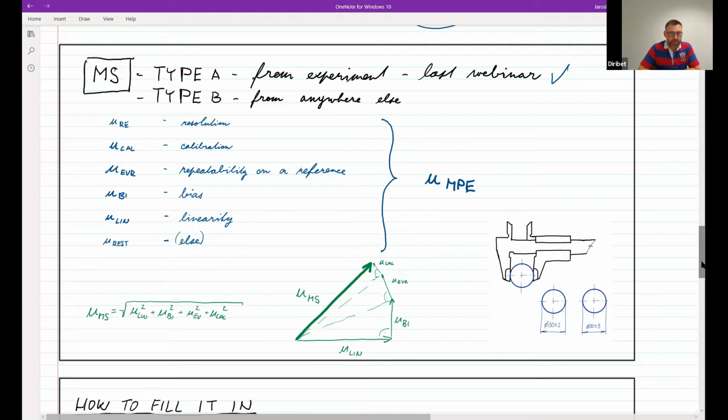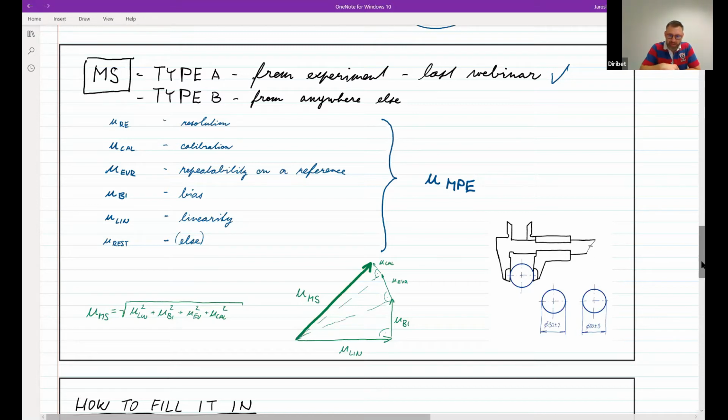All right, there are 5 uncertainties which are being addressed by name, and that is the resolution of the measuring system, the calibration error, that is how bad was the measuring device used to calibrate the one we are having right now, then repeatability on a reference, which in ideal case is a repeatability on a part that is almost perfect, in the sense that the part itself does not contribute to uncertainty.